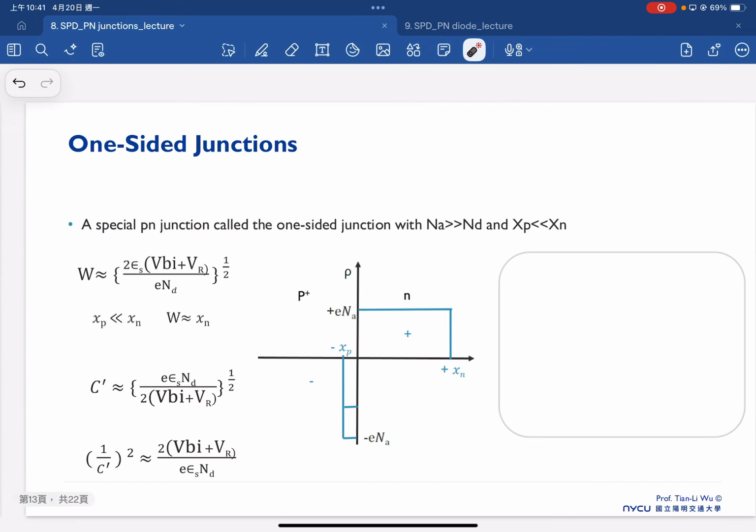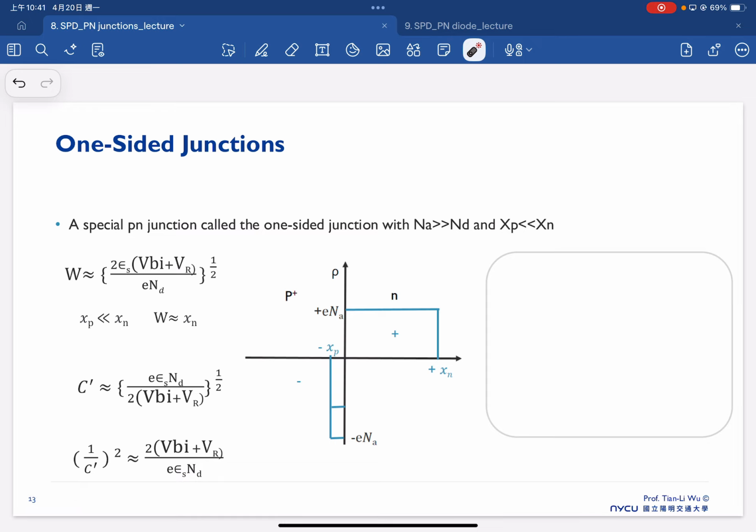One more important concept related to the junction is that, as we already mentioned, in reality we won't always have a junction with equal electron and hole concentration, a symmetric balance. Once we have an asymmetric case, we can do a very interesting approximation to reduce the complexity.